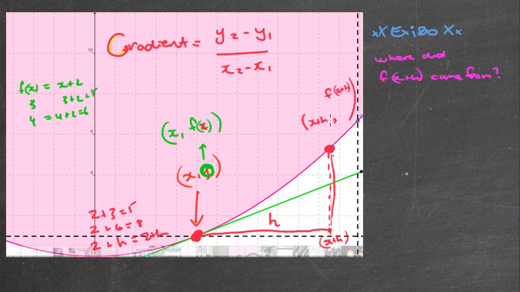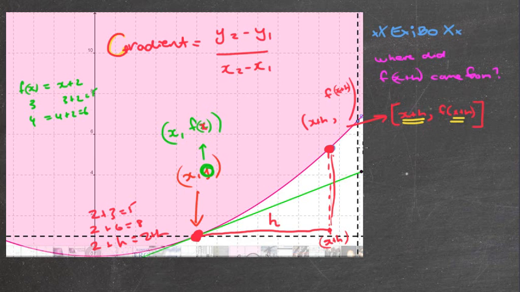So this coordinate would be x plus h, that's my x coordinate, and f of x plus h, where again, that is simply my second x value, and then I'm putting that into my function to find what the y value is going to be.